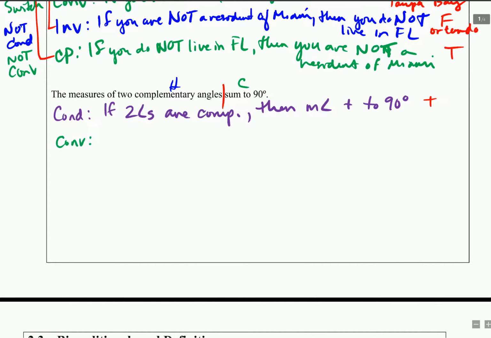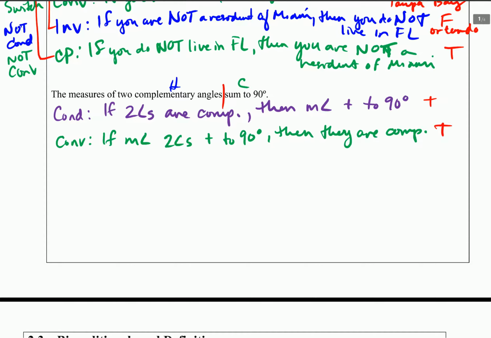Converse, switch it around. If the measures of two angles add up to 90 degrees, then they are complementary. We know that is true as well. Two angles, if the measures add up to 90 degrees, you have complementary angles.